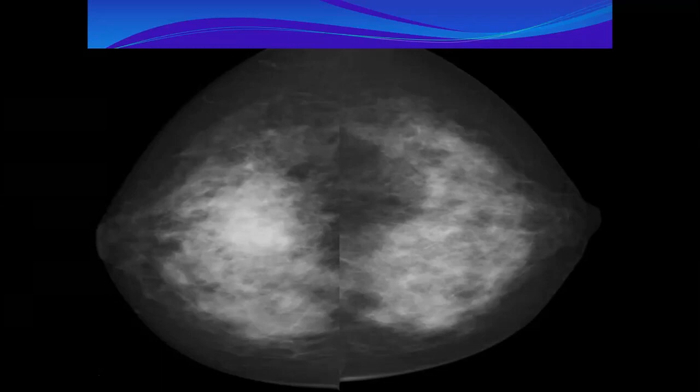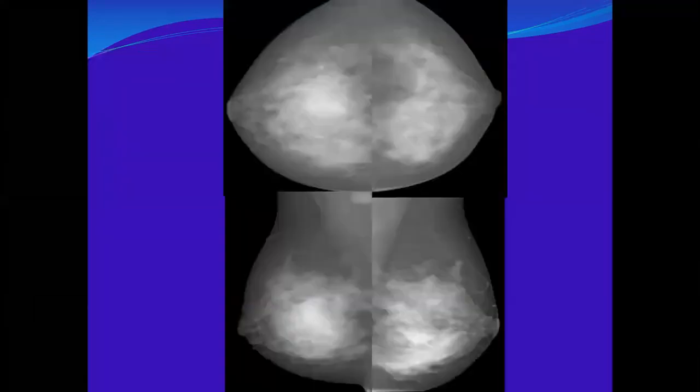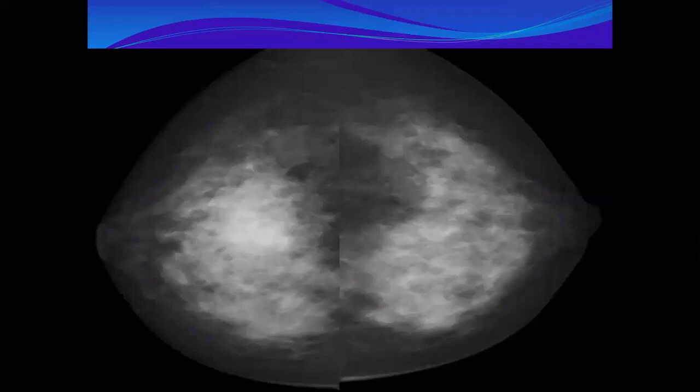And good that you picked up that there are subtle changes regarding the nipple. This is the MLO. When you see an abnormality in one view, you have to look for the second standard view.